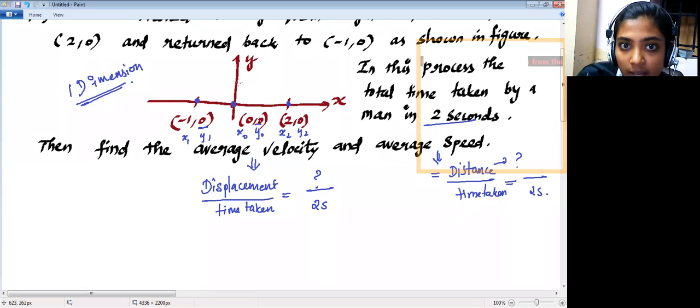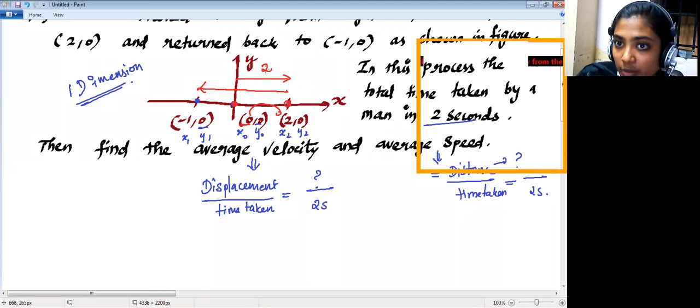The man is traveling from this point and he covered a distance of 0 to 2. So your x is from 0 to 2, right? So he covered 2 and then he came back to this point, right? Which means now we are going to calculate displacement.